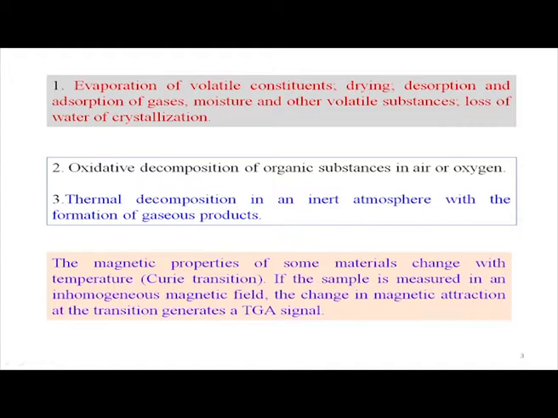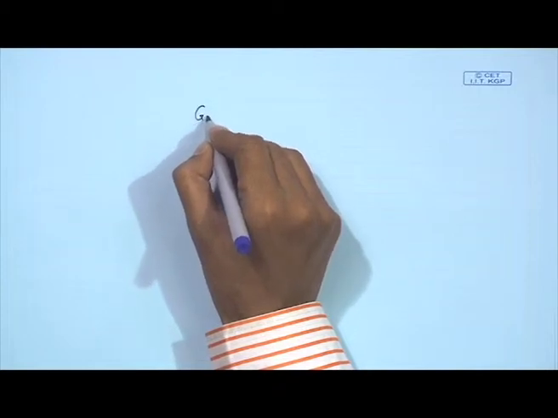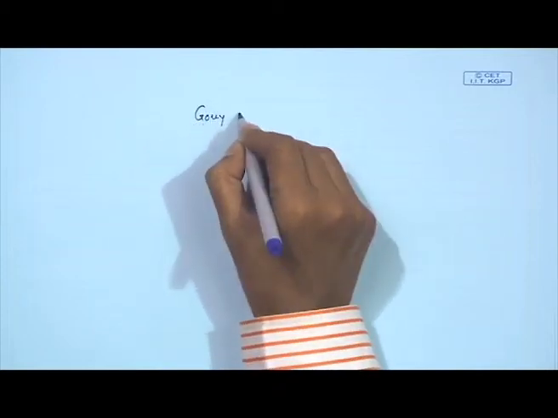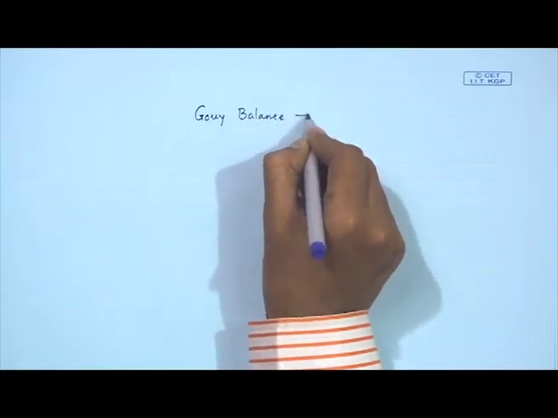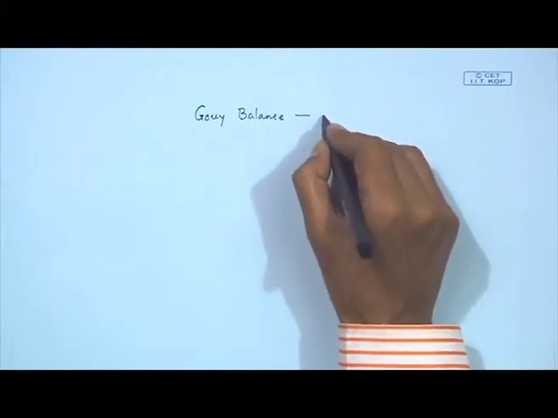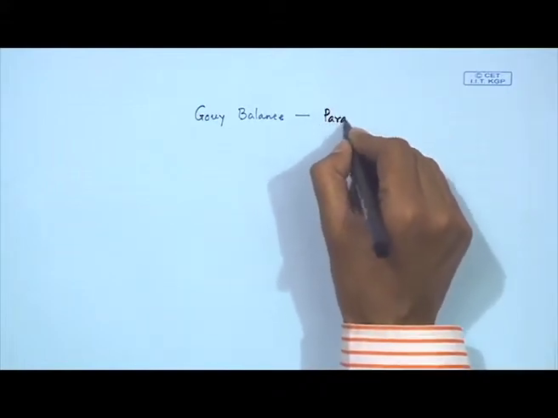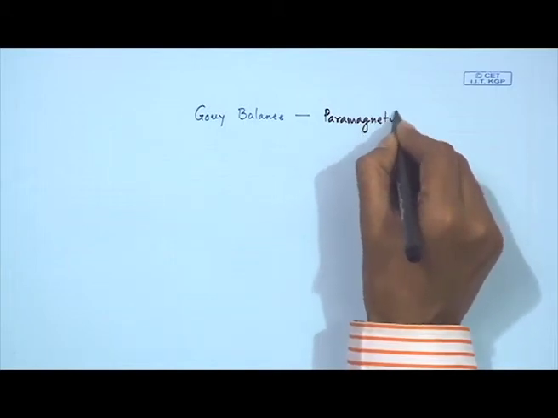In relation to these magnetic properties, just briefly, we can have a balance which is known as the Gouy balance, which is utilized for knowing whether a material is paramagnetic or not. How does it work?